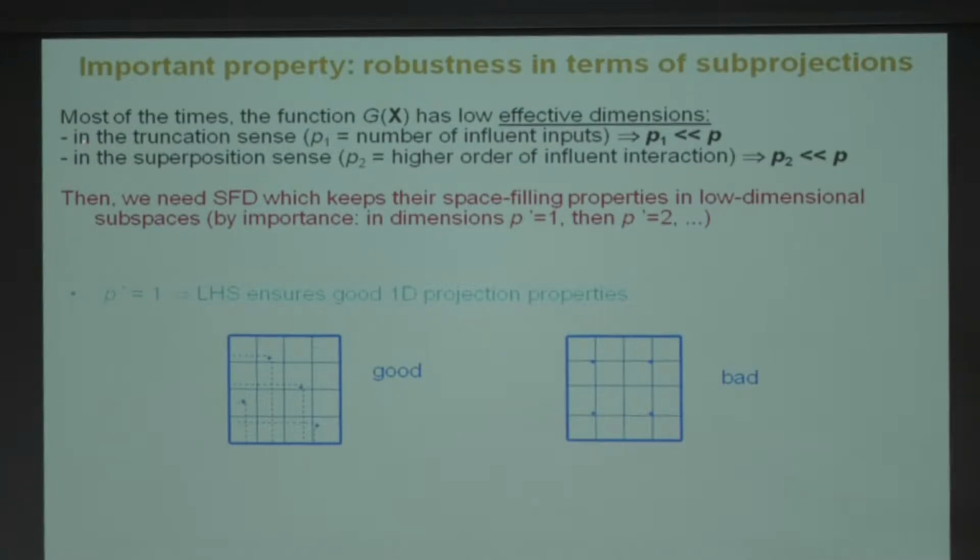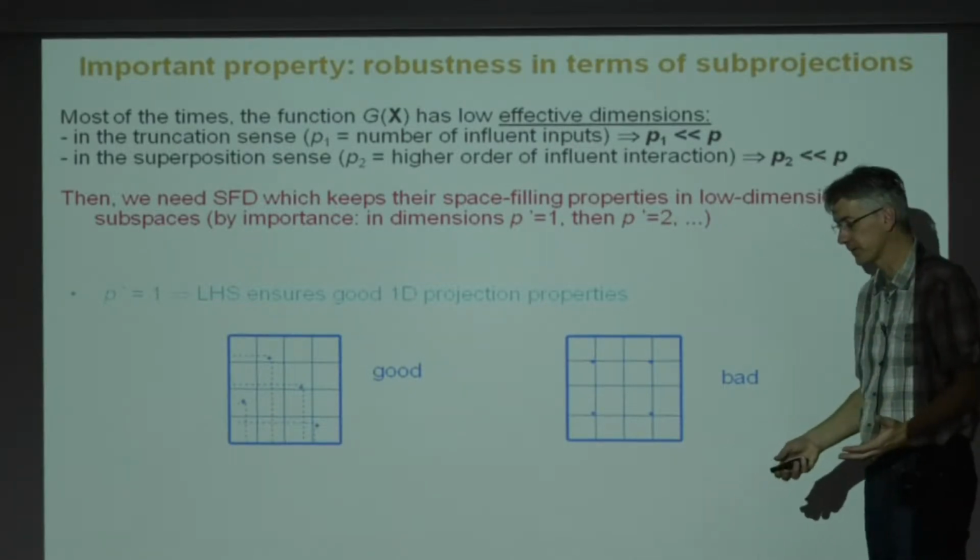What is very important is the first, the truncation sense. So once I have said this, I can say that I need design, this space-filling design, which keeps their space-filling properties in low-dimensional subspace, when I project the points on all the subspace.